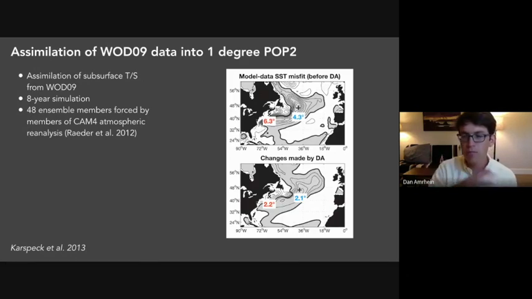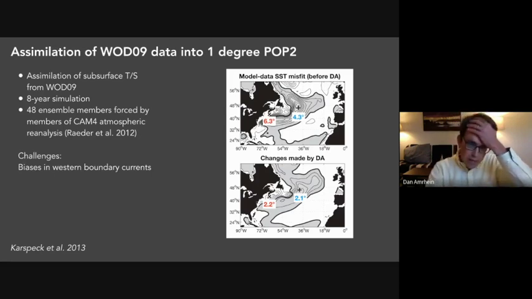So a lot of the spread among the ocean members in this case was actually attributed to the forcing that you get from different atmospheric ensemble members. And some of the things that they point out are big challenges that will persist through the rest of this talk. One of them is these biases in Western boundary currents in the model. And this is illustrated by this panel on the right.